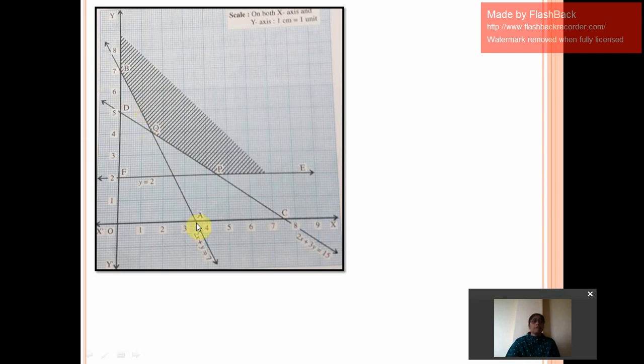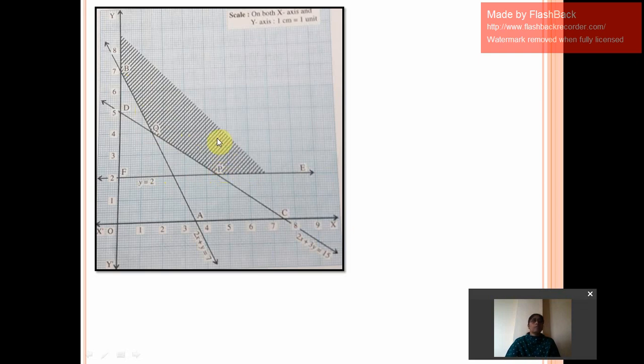First line AB. Now look, first constraint 2x plus y greater than or equal to 7, above the line. Second constraint 2x plus 3y greater than or equal to 15, also above the line. Y greater than or equal to 2, line parallel to x-axis, above the line.